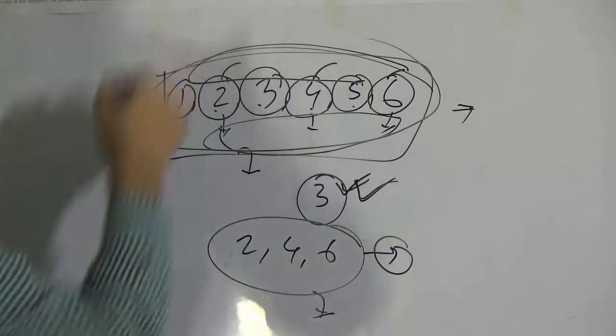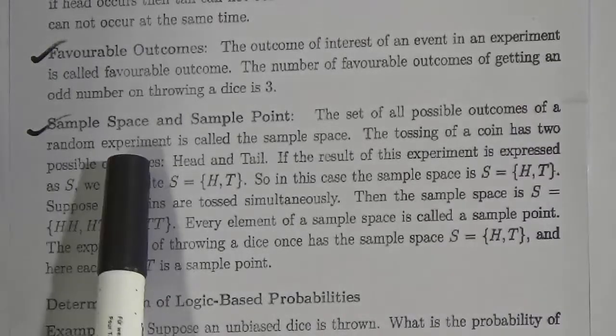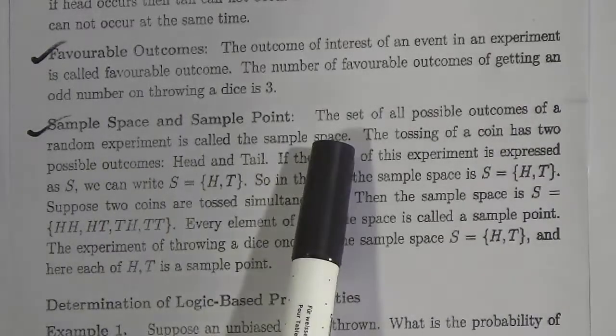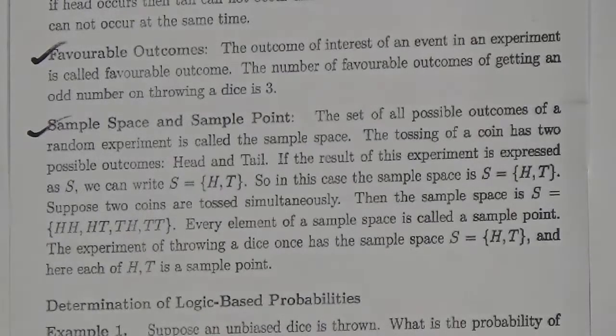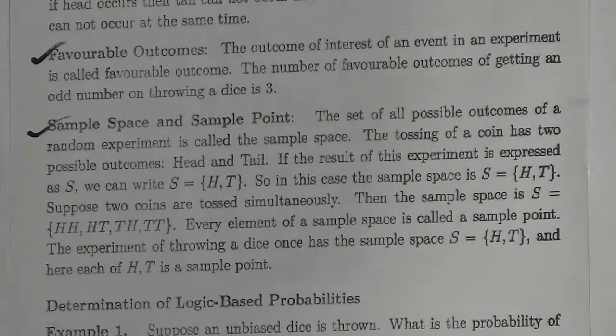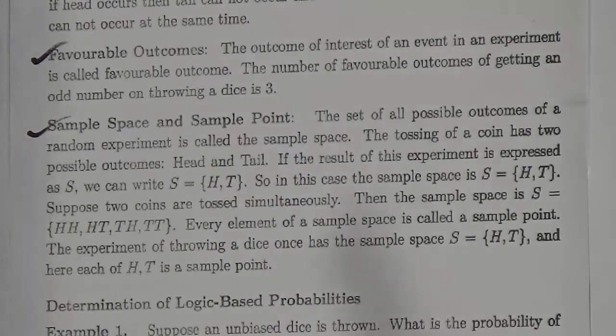Then sample space and sample point. The set of all possible outcomes of a random experiment is called the sample space. Dear students, if you throw a dice only one time, you may get 1, 2, 3, 4, 5 or 6.